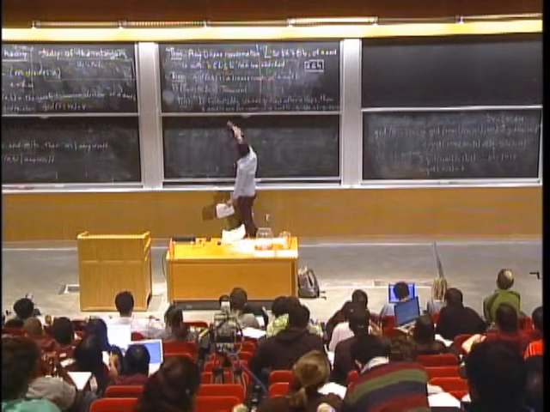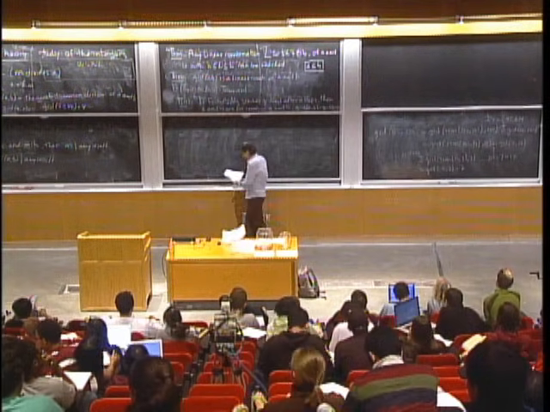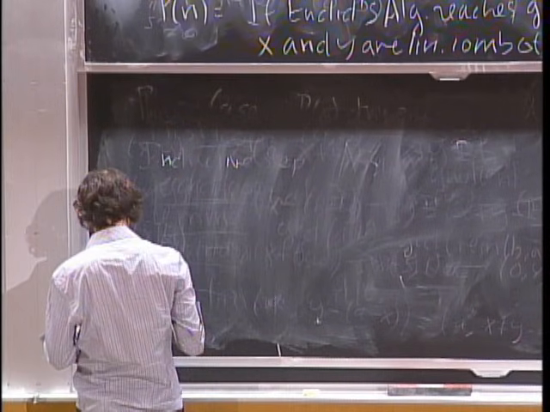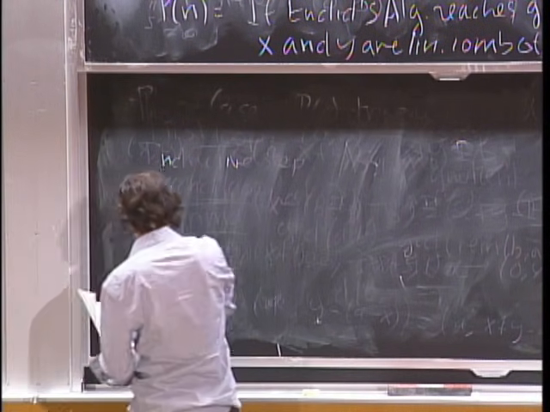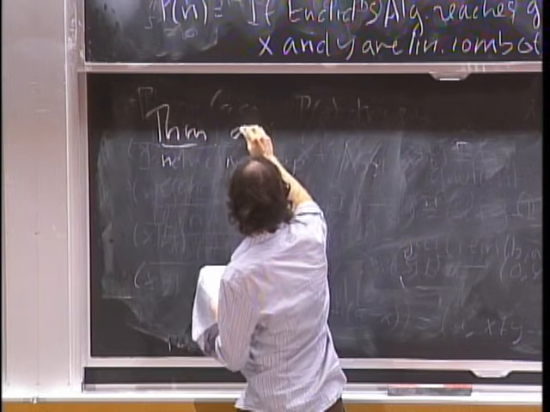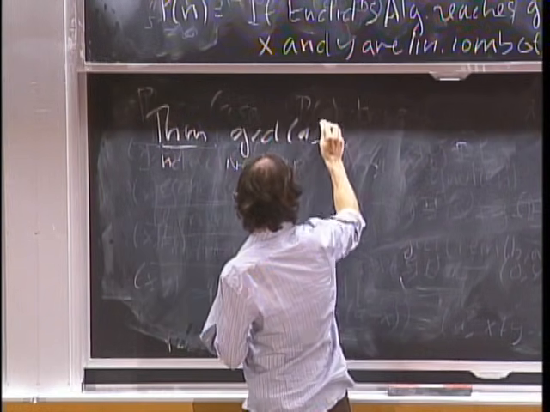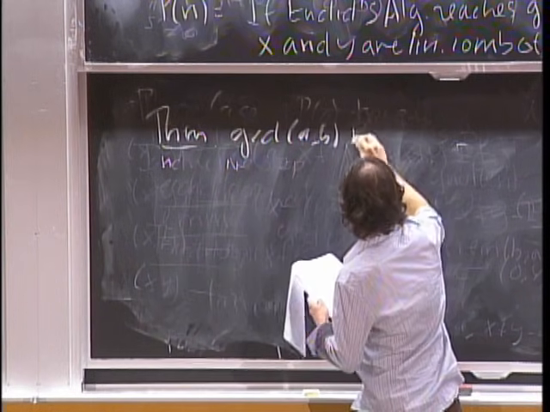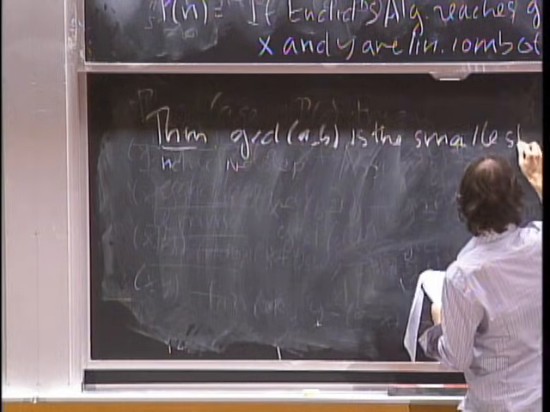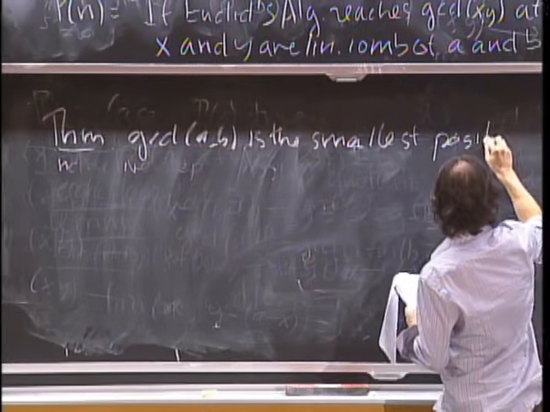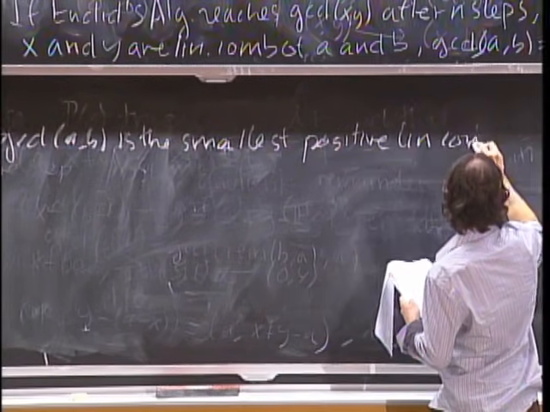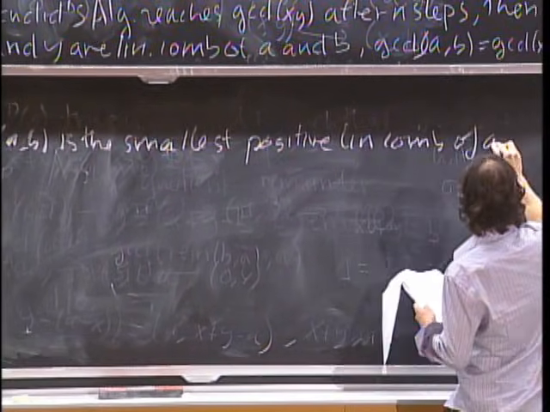So now we're going to combine all those three theorems in one go, and that will show us the final result, which is the theorem that the greatest common divisor of a and b is actually the smallest positive linear combination of a and b.